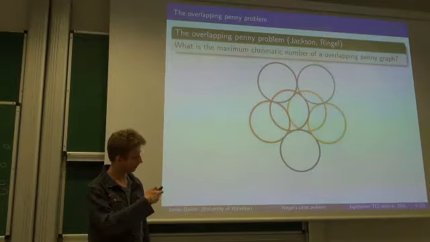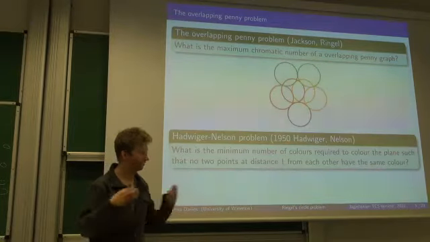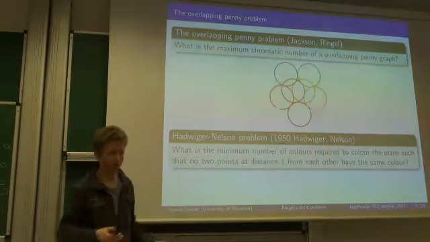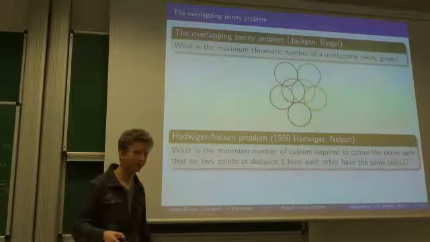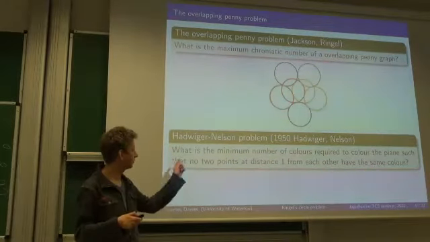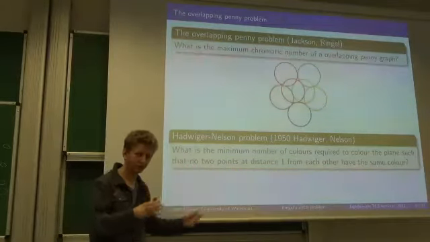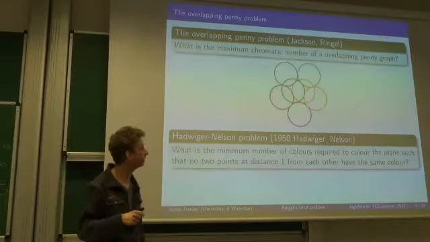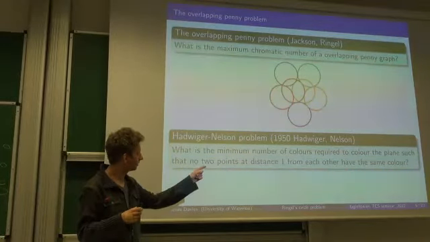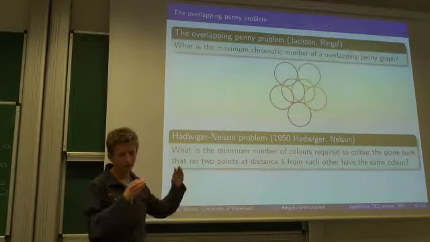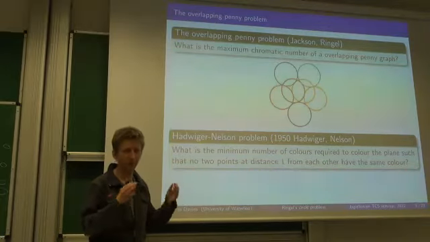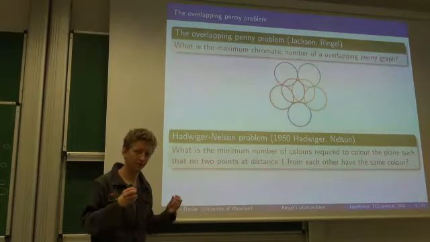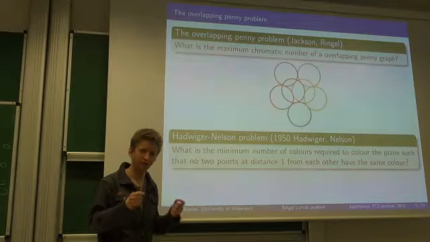Actually, this is equivalent to a very well-known problem of coloring the plane. You want to color the plane so that no 2 points at unit distance are the same color. The reason this is equivalent is that 2 circles of diameter 1 are tangent exactly when their centers are unit distance apart.